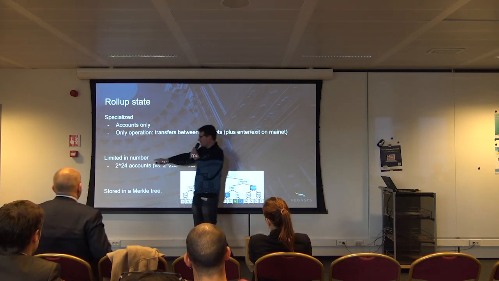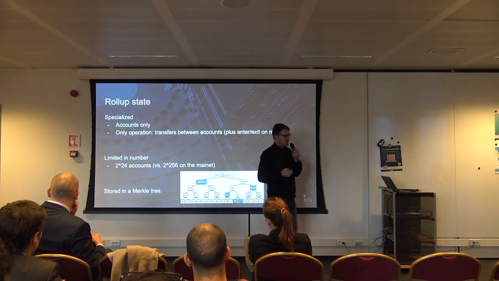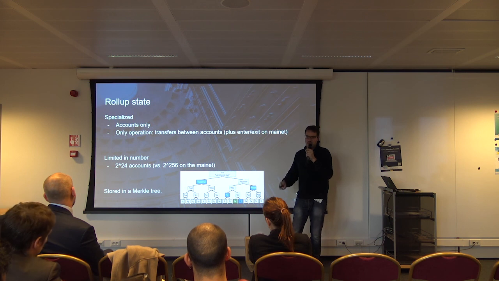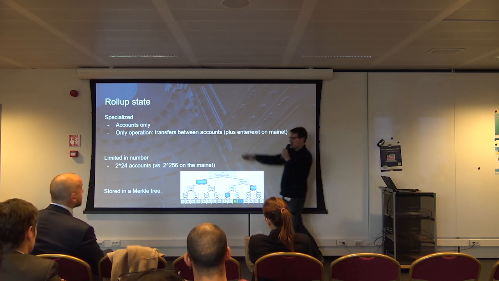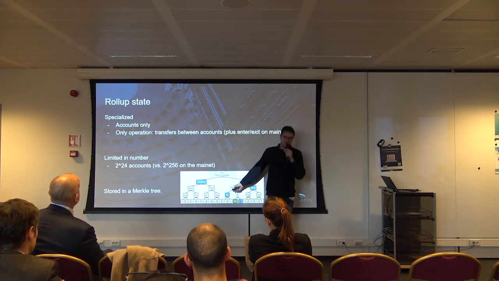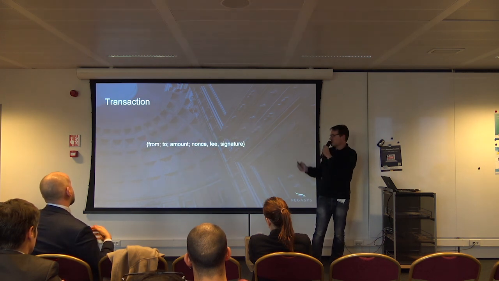As well, we don't even support many accounts, because the more accounts, the bigger the numbers. The bigger the numbers, the more complicated the proof and the more expensive the proof is. Okay, so we're still on something a little bit specialized. And at the end of the day, it's Merkle trees as usual, but we don't care that much.